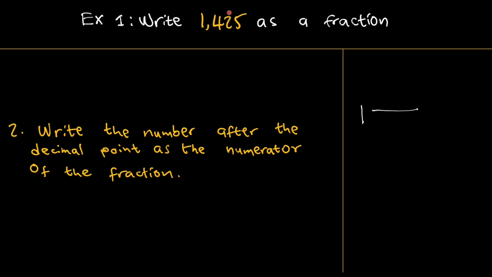So these are the numbers after the decimal point. I'm going to write these numbers as they are, which will be 425, and they are now my numerator. I don't know yet what the denominator is.